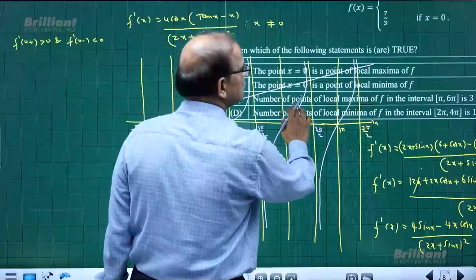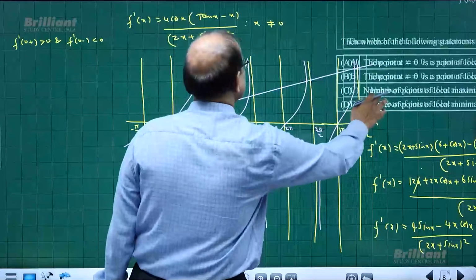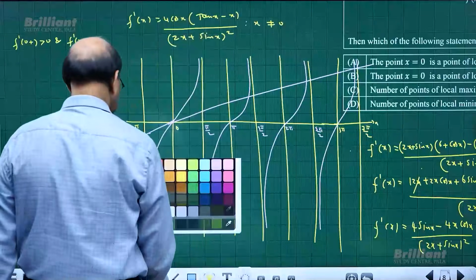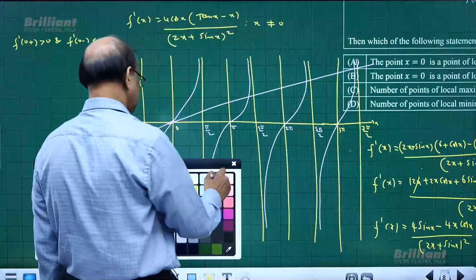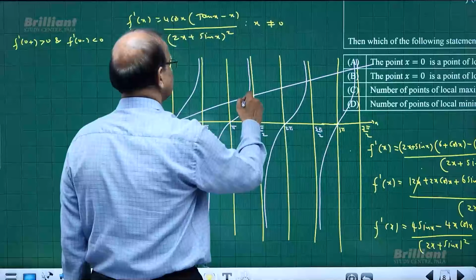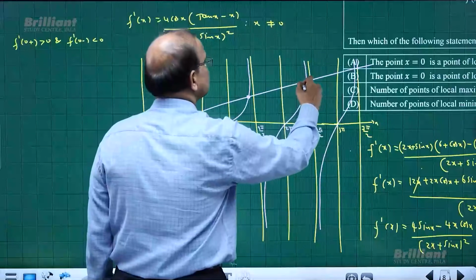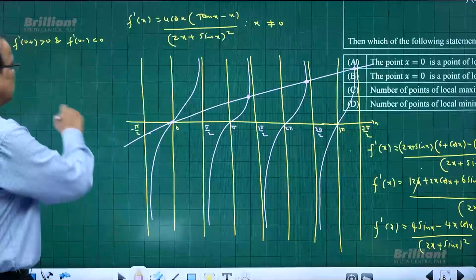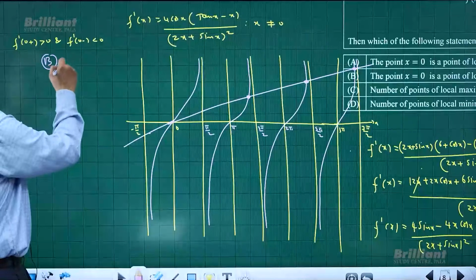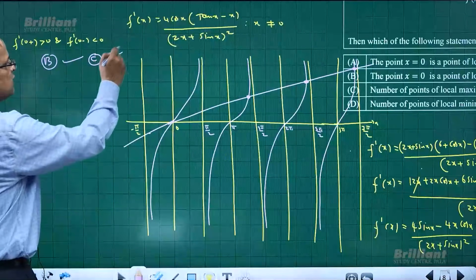The number of local maxima in the interval 0 to 6 pi is 3. Yes. See here from this, there is one point, another point, another point. So there are 3. So B is correct, C correct.